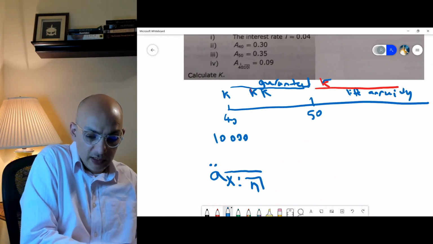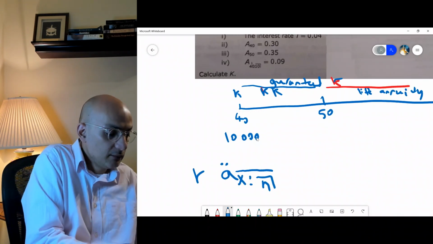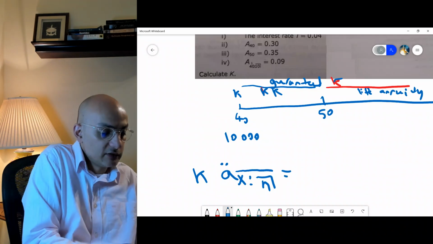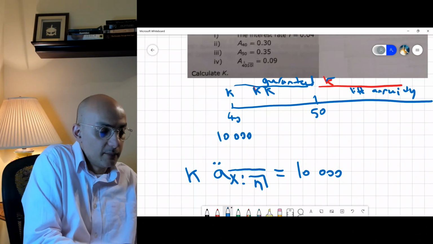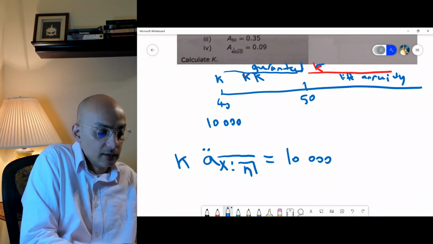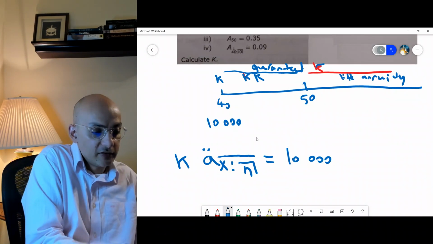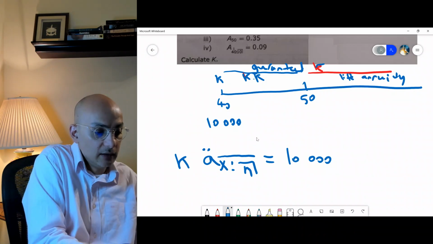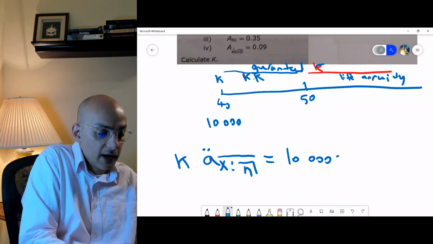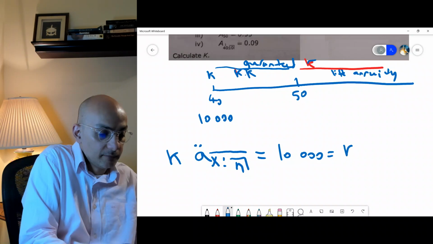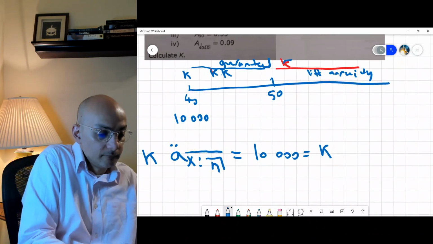But the question here is, this is K multiplied by this one, which is given to us to be 10,000, because there is amount K, right? And this is the one that has a guaranteed payment of K. So if you write this one, we have the K, right?